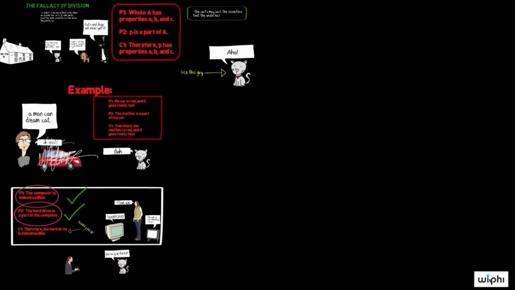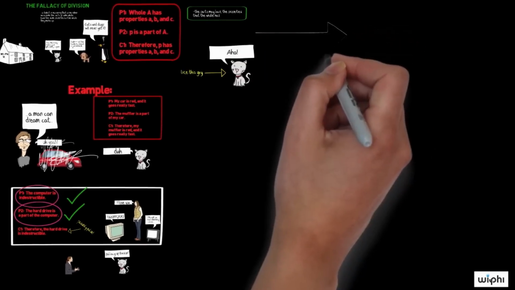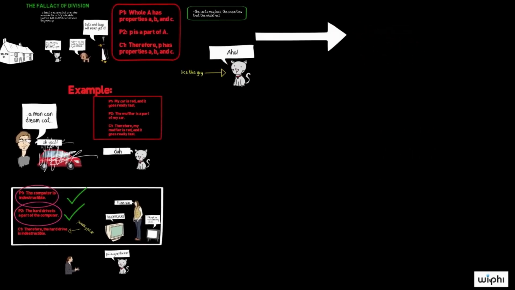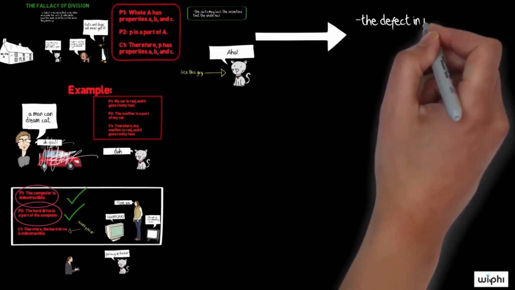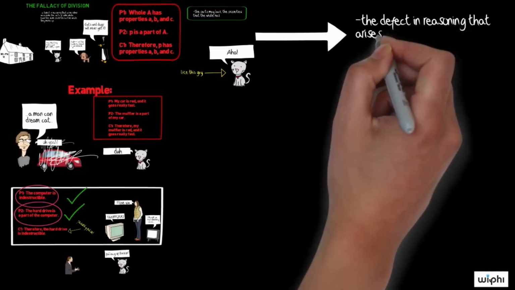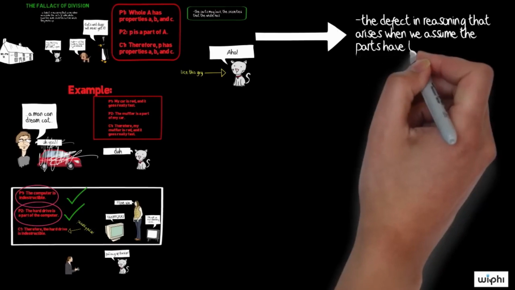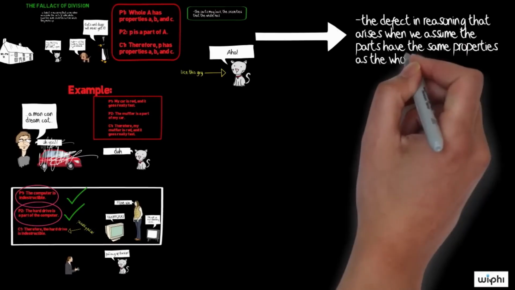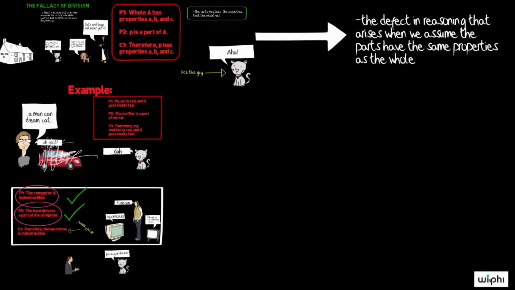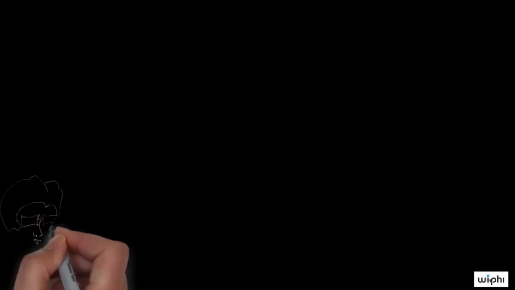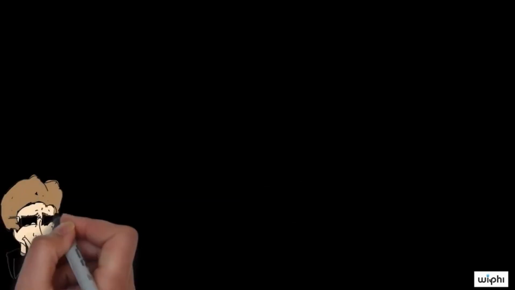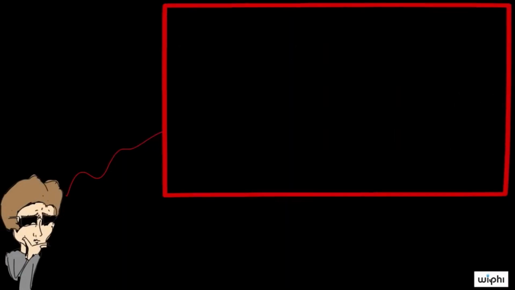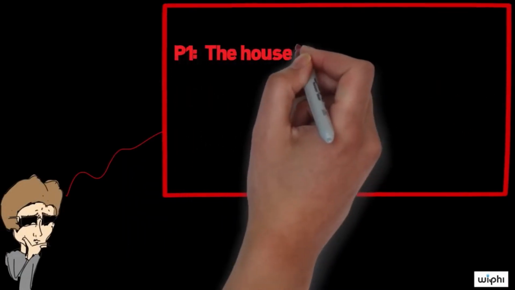So we just learned about the fallacy of division, or the error in reasoning that comes about when a person infers that what is true of something must also be true of its parts. It is important, however, to note that this fallacious reasoning doesn't always lead to a false conclusion. I, for instance, might argue the following. Premise 1, the house is pink.